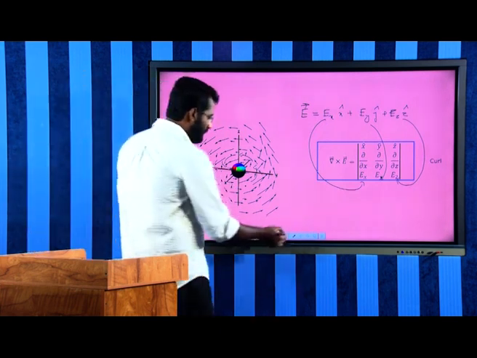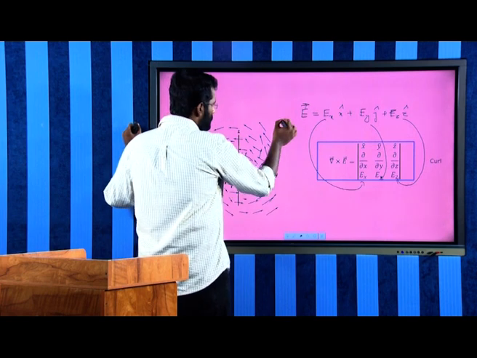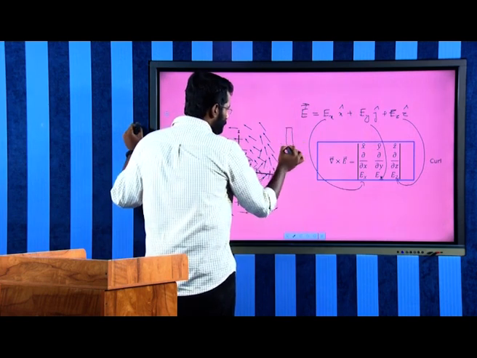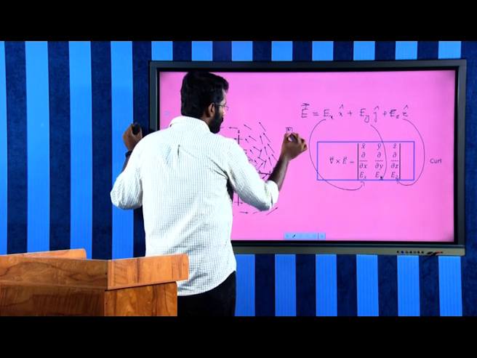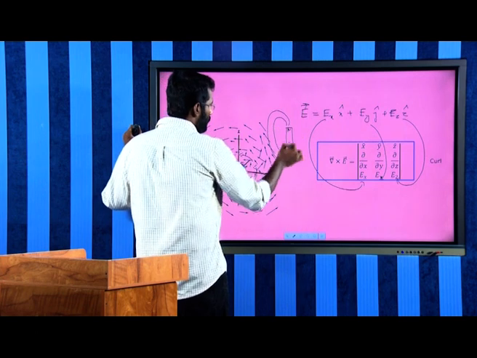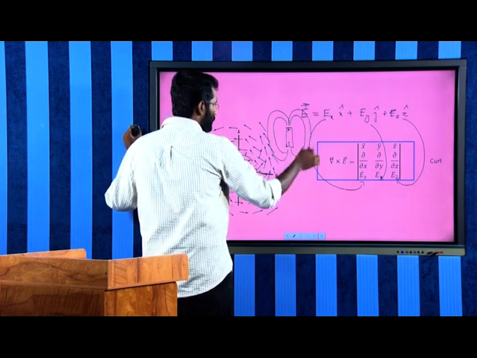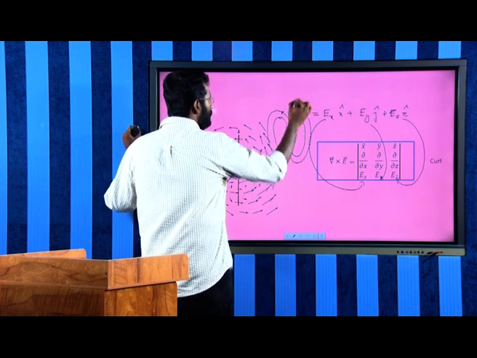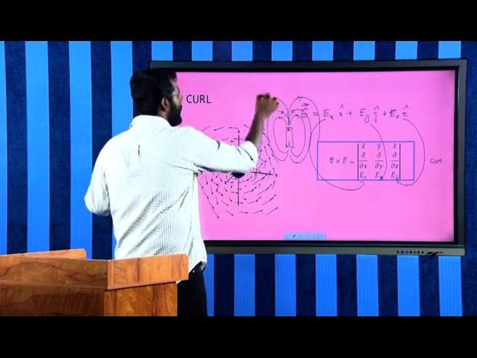The best example, which we already learned in the +2 classes, is the magnetic field due to a bar magnet, something like this. We practically drew it in your +2 classes, and as you see here, this has a curling effect.